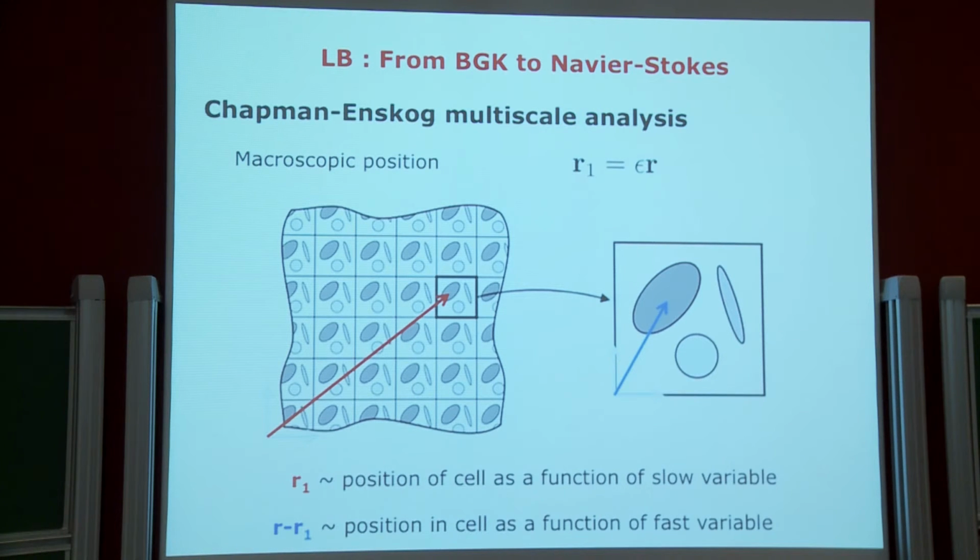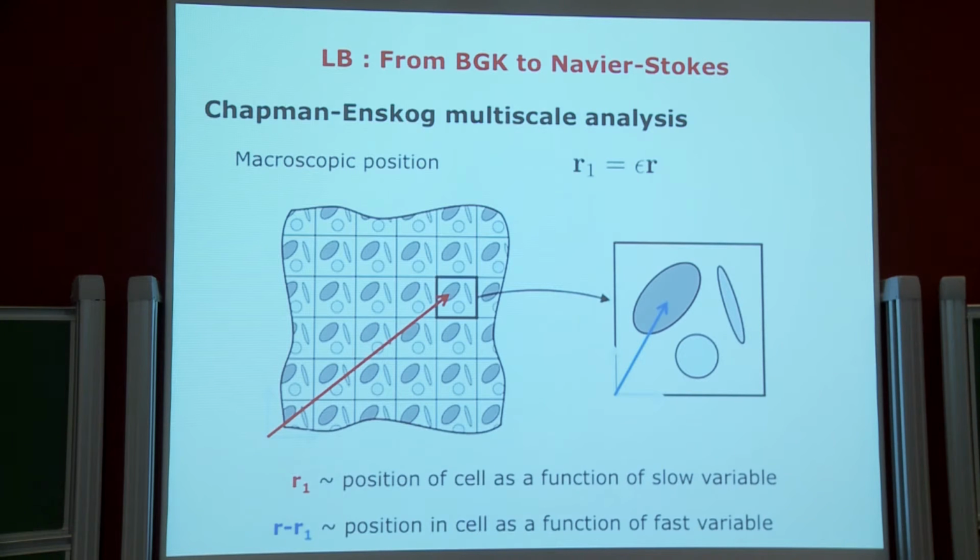Another way to think about this is, if you have an absolute position R in the large reference frame, then in a first approximation you can say that you're looking at a position using the coarse units, so that would be the slow variables.